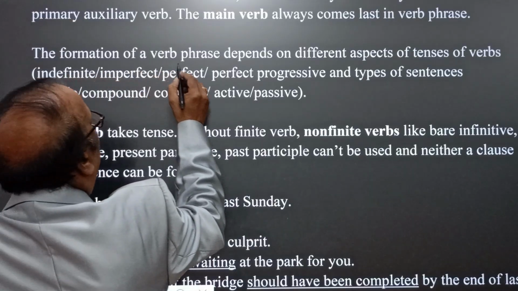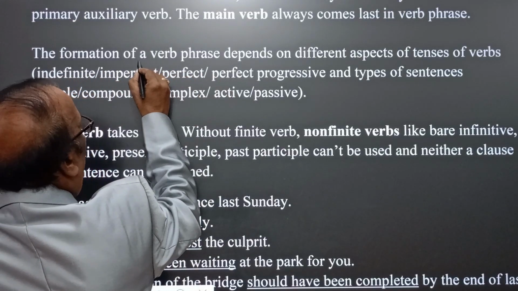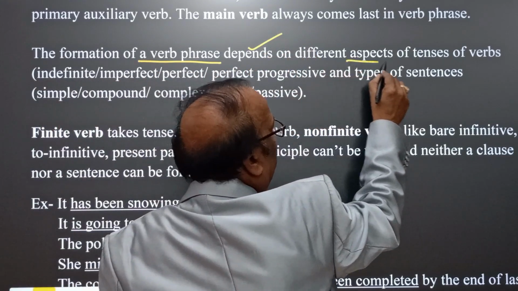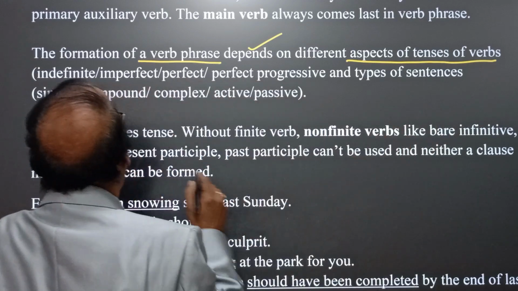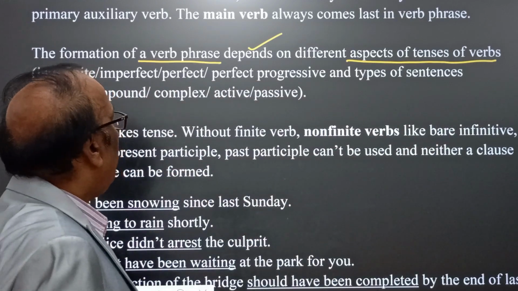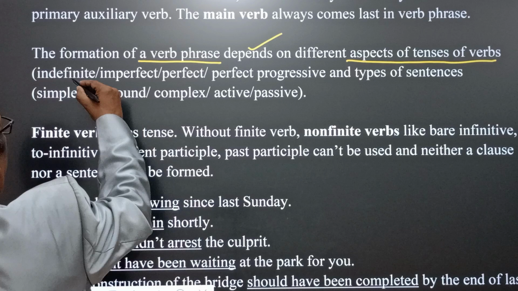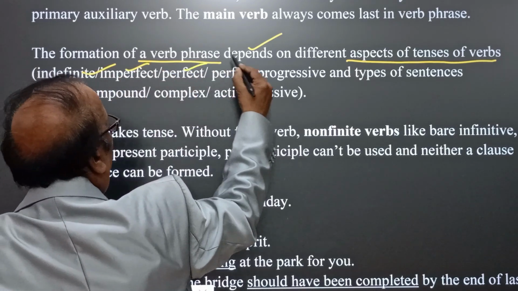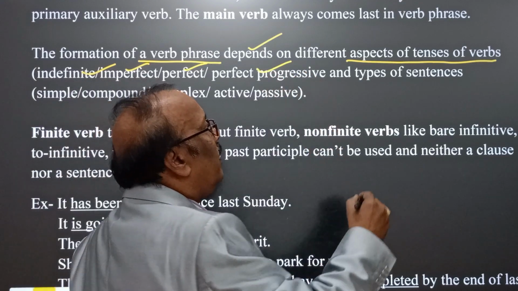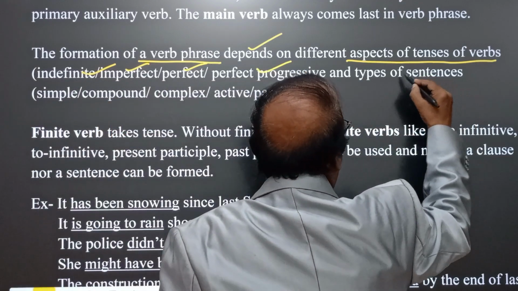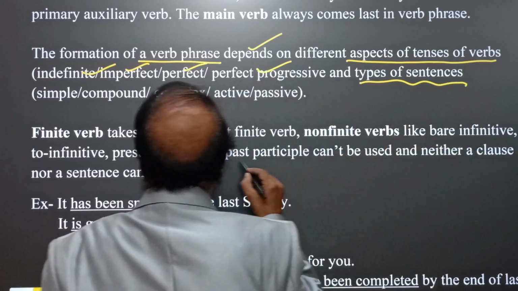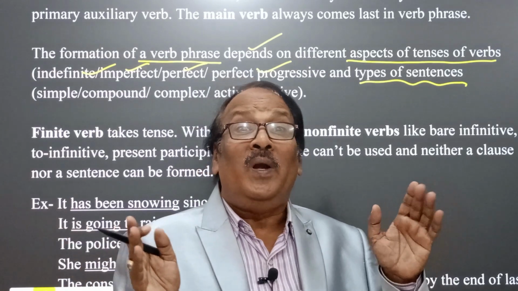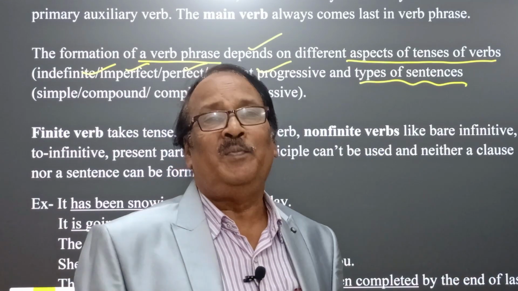The formation of a verb phrase depends on different aspects of tenses of verb, that is indefinite, imperfect, perfect, perfect progressive, and types of sentences. Structure of verb phrase differs due to different aspects.